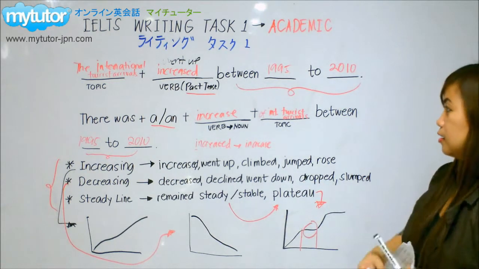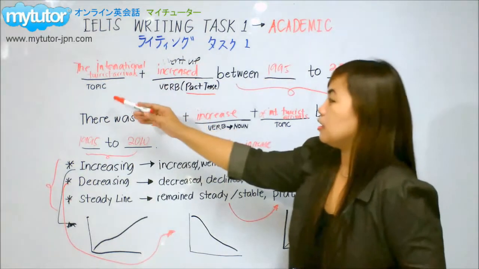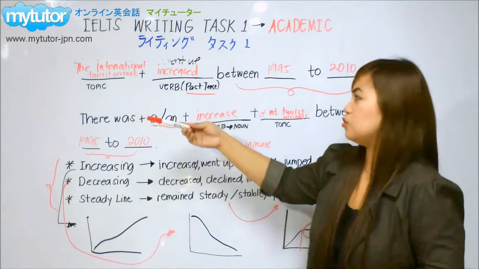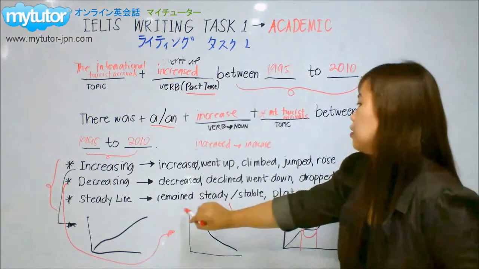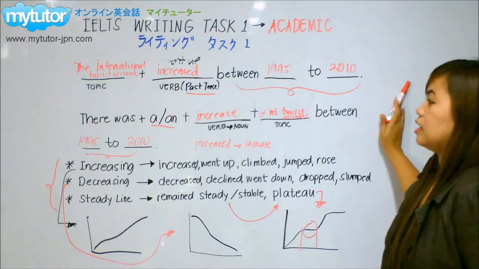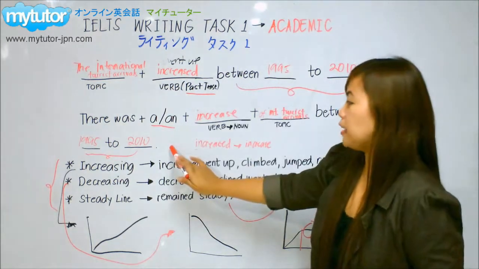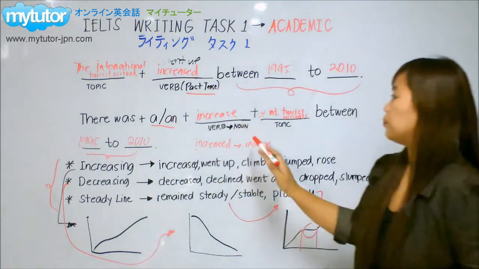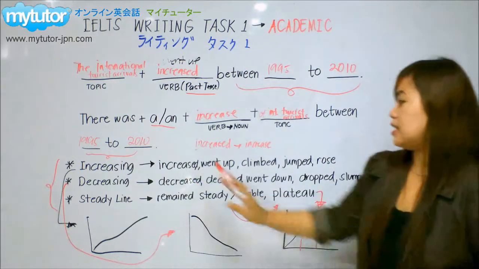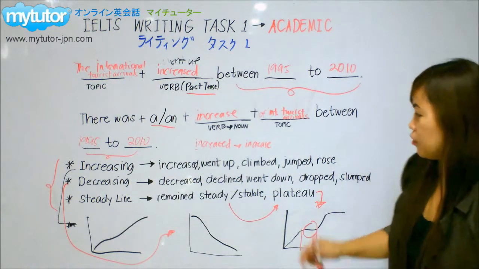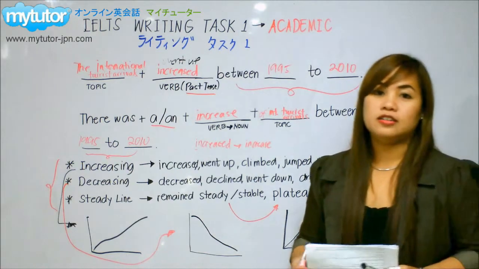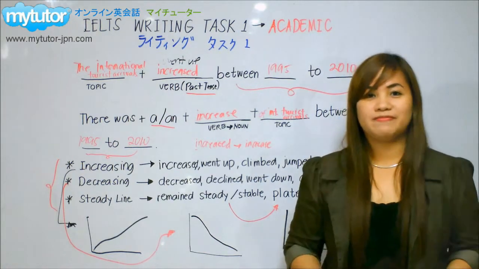So you can say, for example, the international tourist arrivals, or any other topic, whichever you get, remained steady between 1995 to 2010. Second pattern: there was a plateau of car sales in Japan between 1990 to 2010. So these are very important words to use in making the second sentence of your introduction.